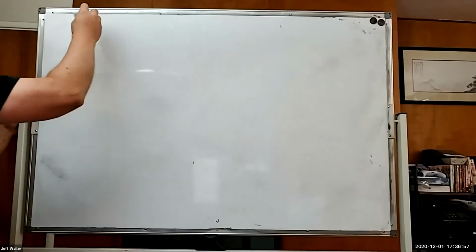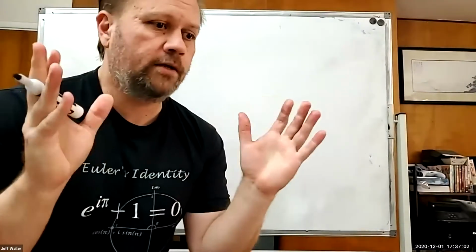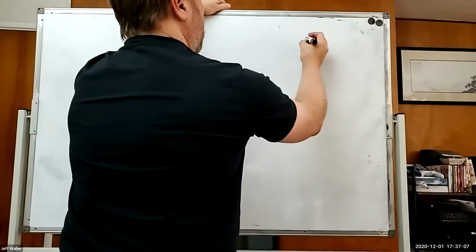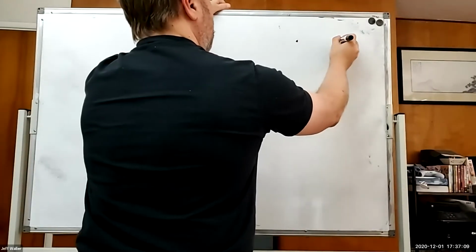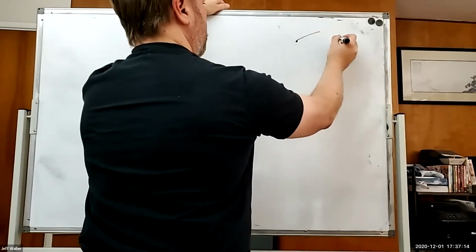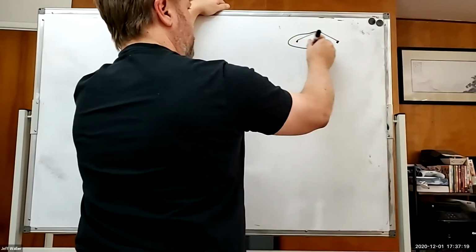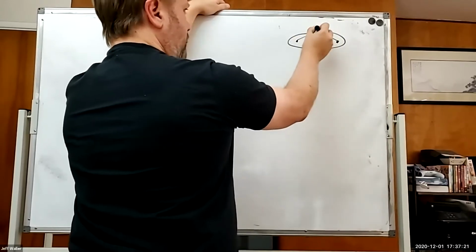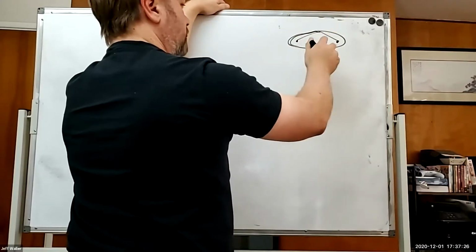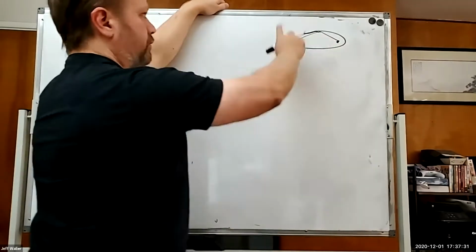So, all right. I'm not going to go into what I normally go into. I'm not going to do the whole derivation of the ellipse. But the interesting thing about an ellipse is if you put two nails down and you put some string around them and you put a pen here and you trace out a shape so that it's held in place by the strings, you'll trace out an ellipse.